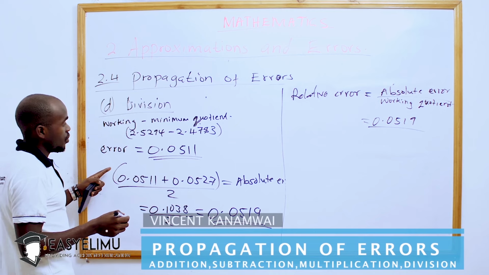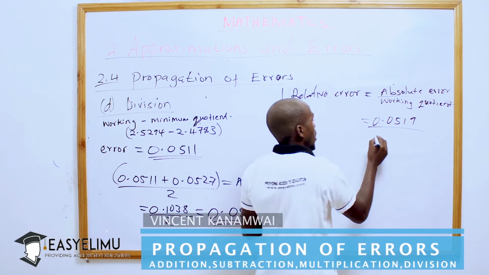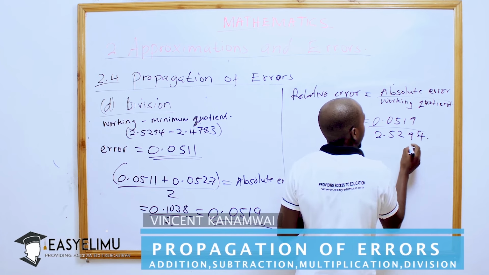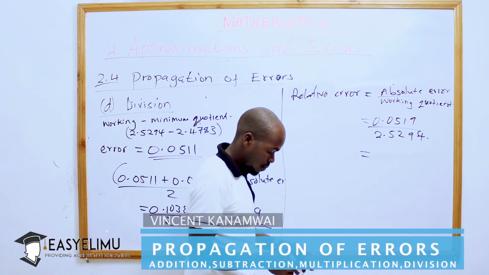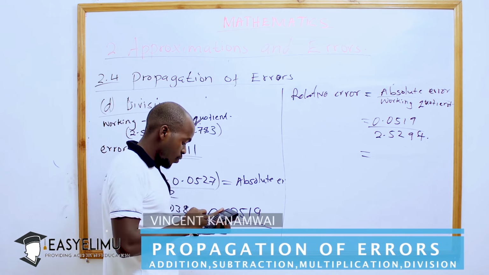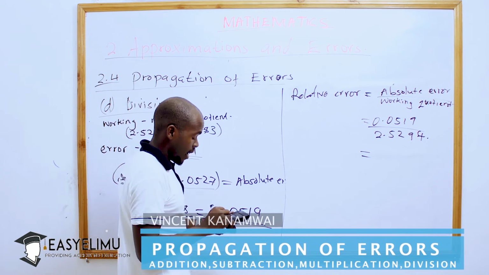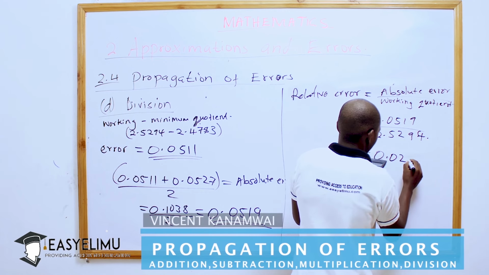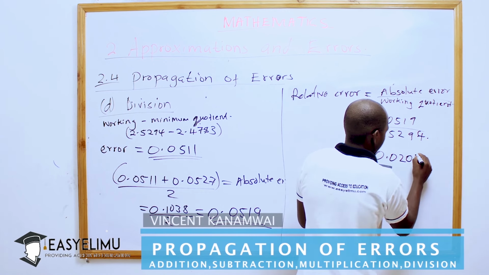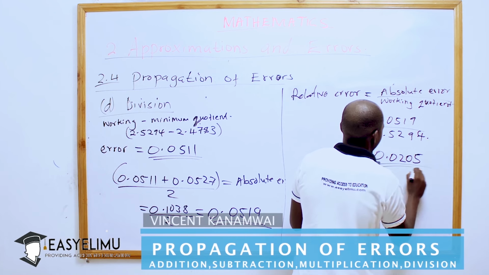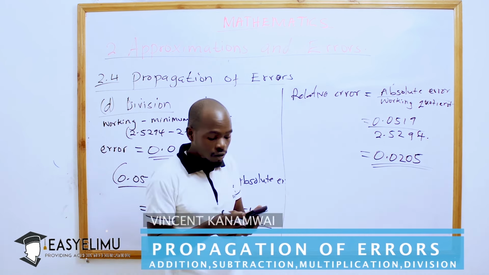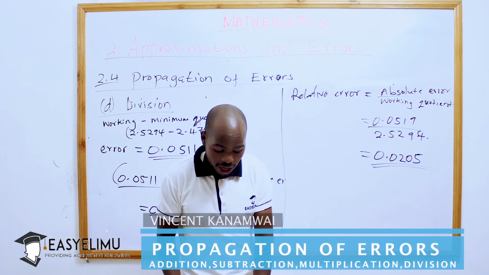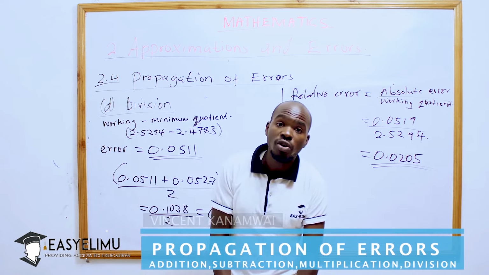Remember the working quotient we found is 2.5294 from our previous working. If we do that, we get the relative error as 0.0205 to 3 significant figures, or to 4 decimal places. With that, we have come to the end of the topic approximation and errors.